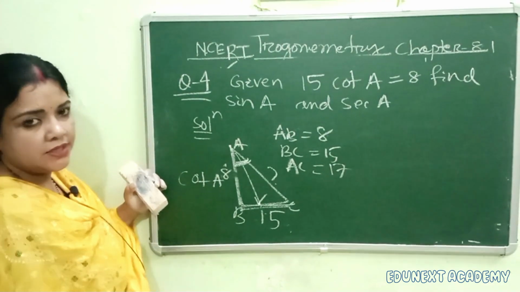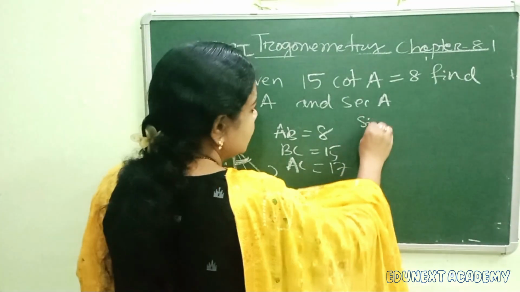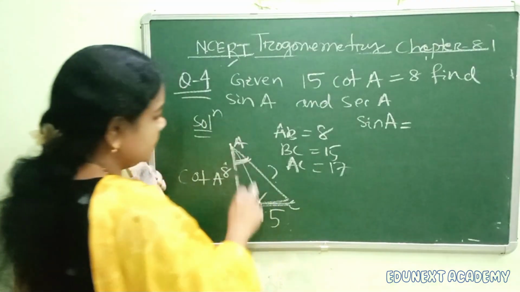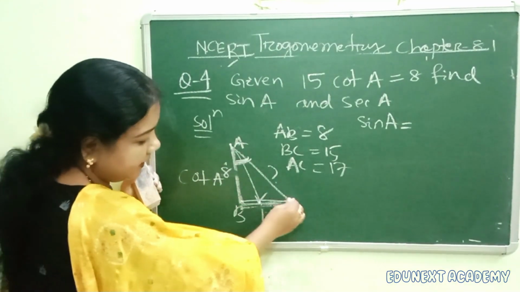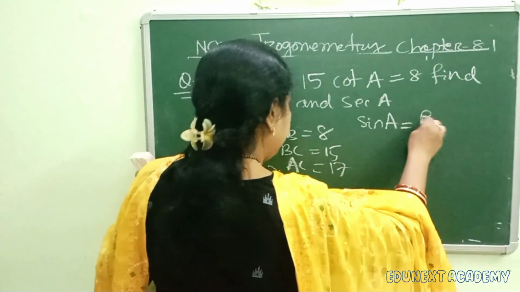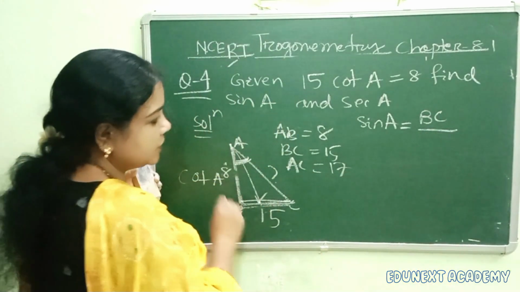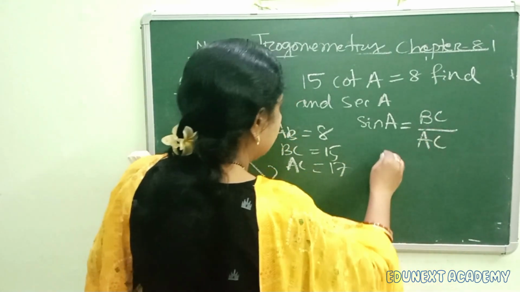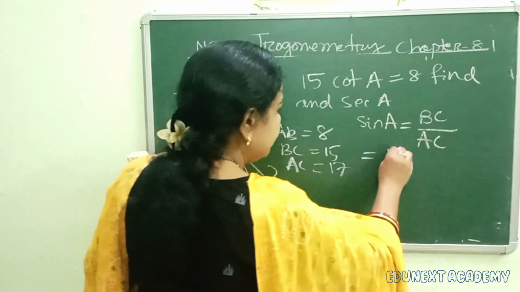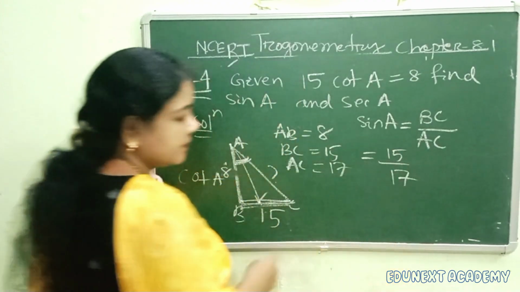Now I can find sin A. Sin A is opposite to angle A over the hypotenuse, that means BC by AC, that is 15 by 17.